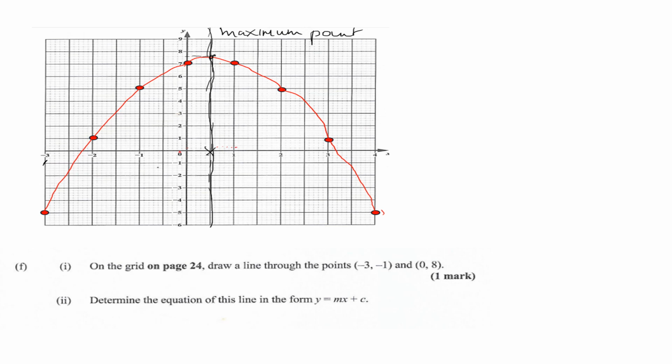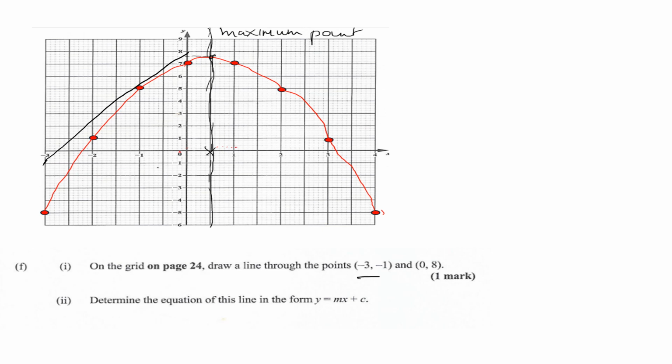And the next point is 0, 8, so that's 0 here, and we're going to go here to 8. And we're going to draw a line from that to that. Now, of course, you're going to use a ruler and draw that line, right? Good, 1 mark.